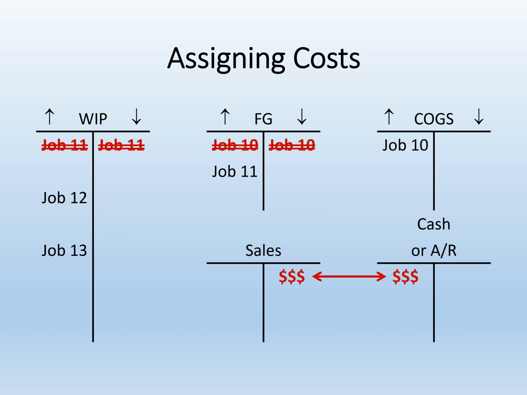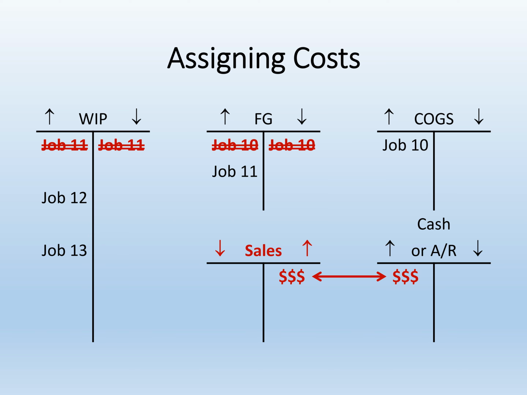But the other transaction is a recognition that we earned sales revenue and that we either received cash or we will receive cash in the future, which would give us an account receivable. Cash and accounts receivable are both assets. That means that they increase on the debit side and decrease on the credit side.